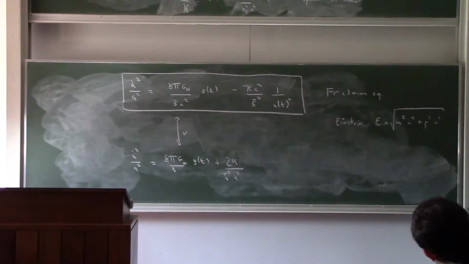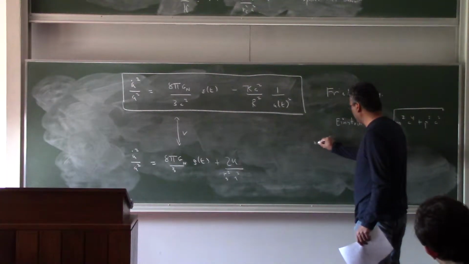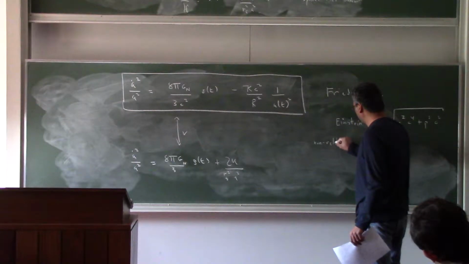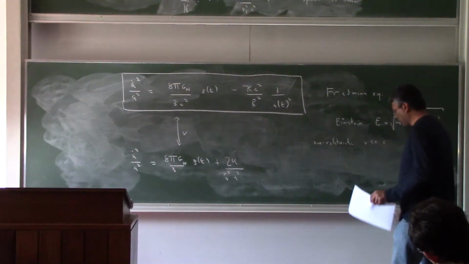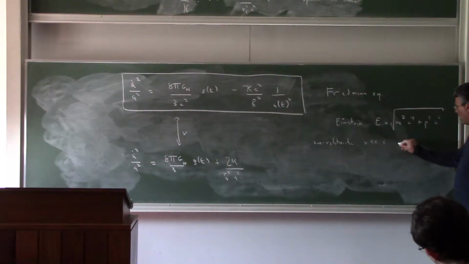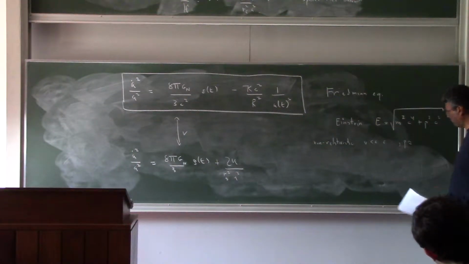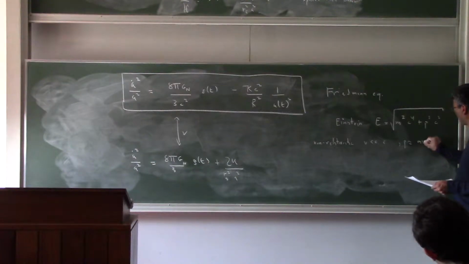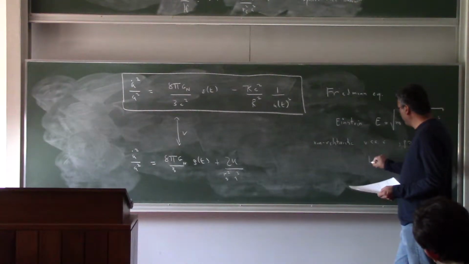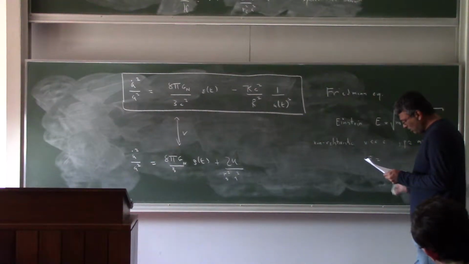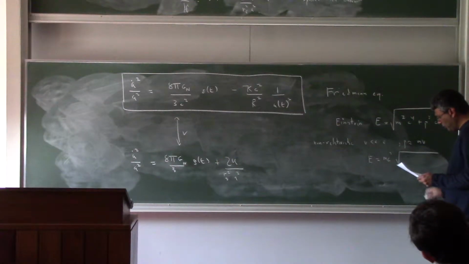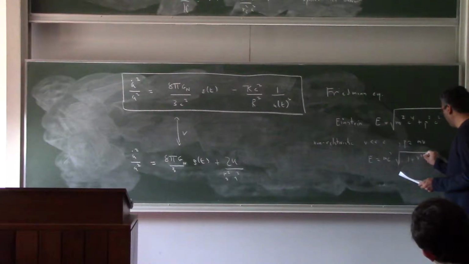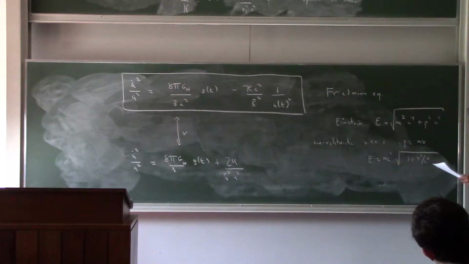In the non-relativistic case, where the velocity is much, much less than the speed of light, the momentum is approximately mv. So we can write the energy as mc squared times the square root of 1 plus v squared over c squared.